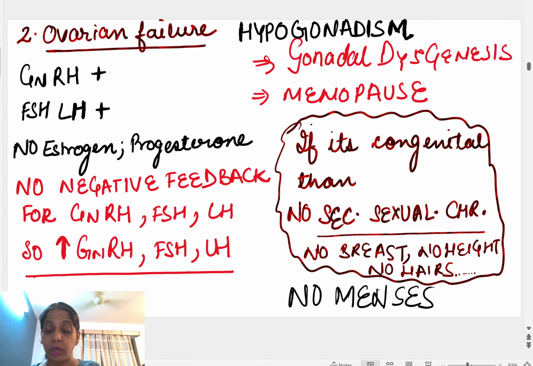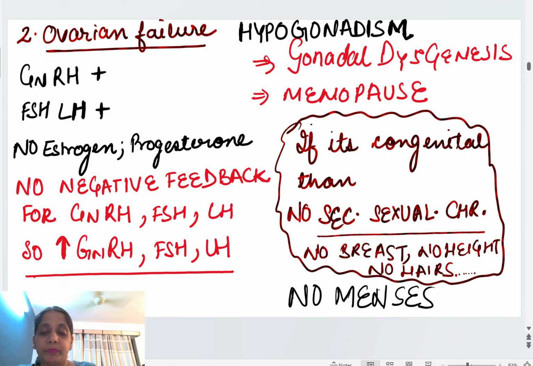Due to the lack of that negative feedback, the gonadotropins, FSH and LH, are much higher. Now, we already discussed that secondary sexual characteristics are due to estrogen. So again, this girl will not have any secondary sexual characteristics. She will have no breasts, no peak of height, and no axillary and pubic hair, and of course she will not have any menses.